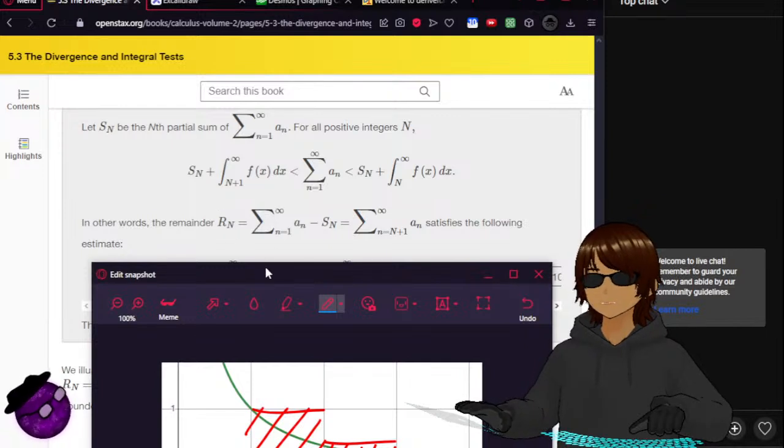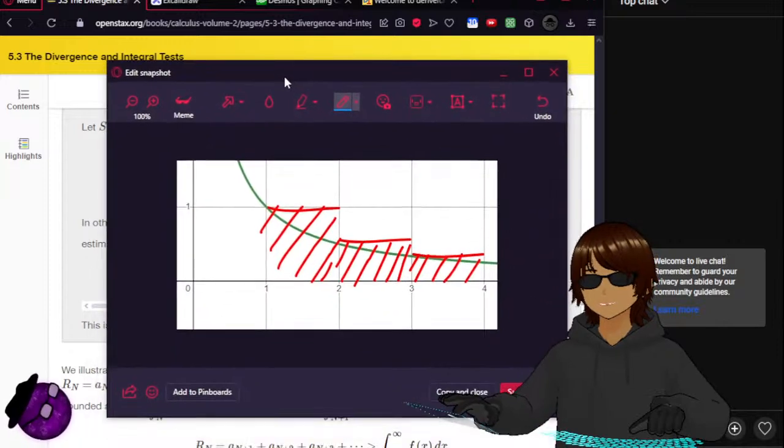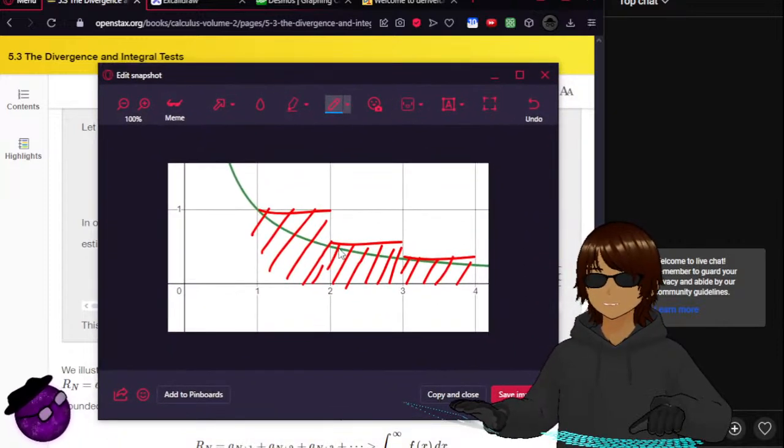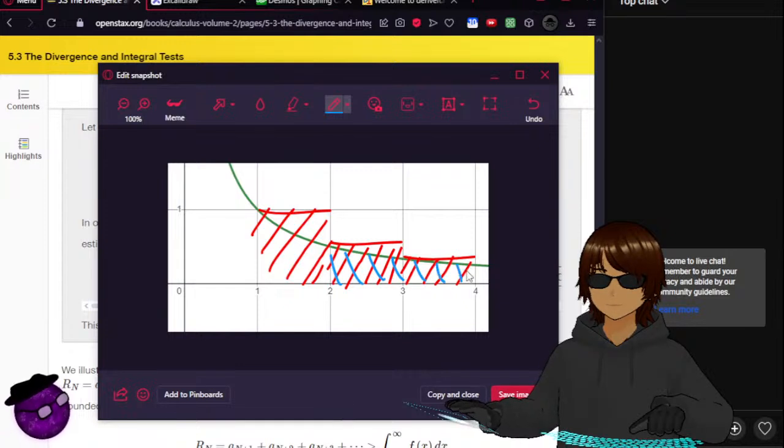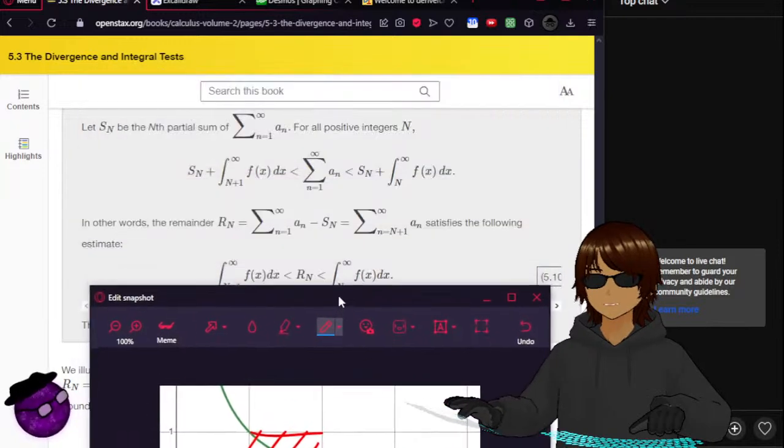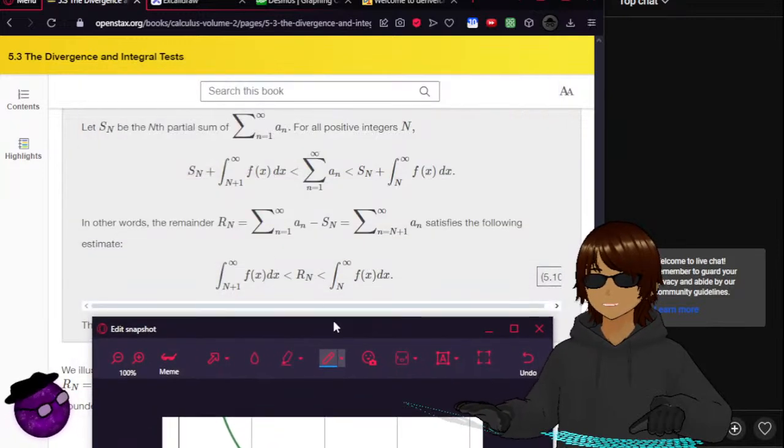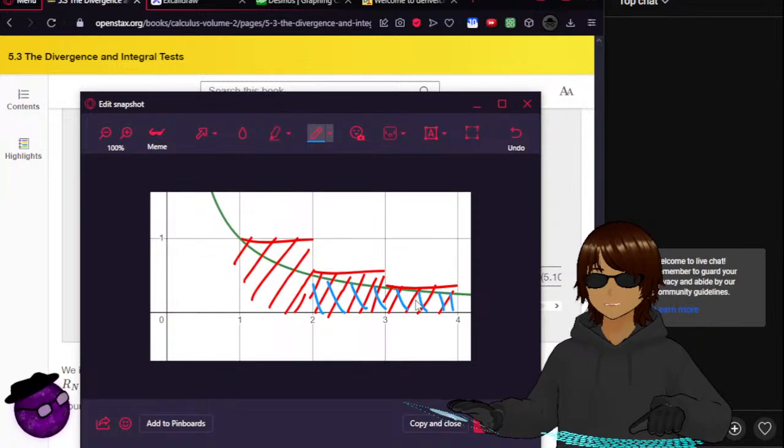And n plus 1 to infinity is less than n to infinity. So this over here, the area under the graph, is n plus 1 to infinity, and of course it goes all the way.